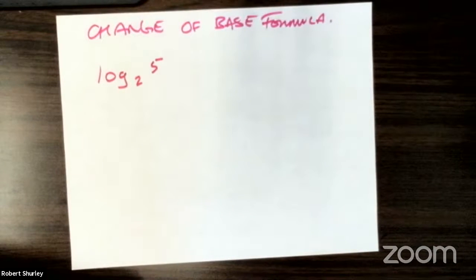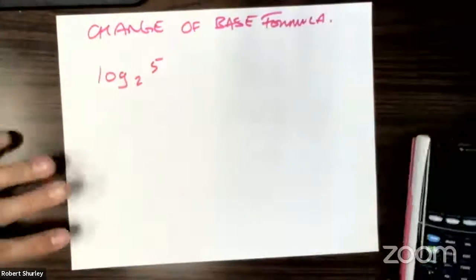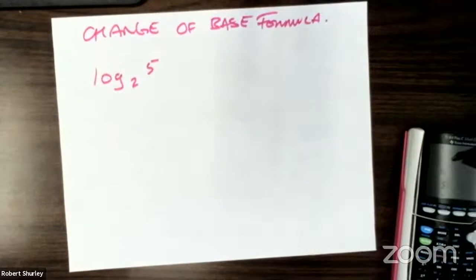And for some reason, I needed an approximation. Maybe I needed to graph it. I need to know exactly where it's at on the number line, or for whatever reason, I need an approximation. And we know log base 2 you can't pop in your calculator. So what you can do is use, your book calls them common logarithms, we're going to use ln to do this.